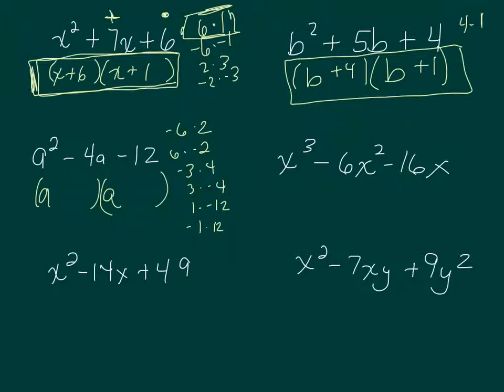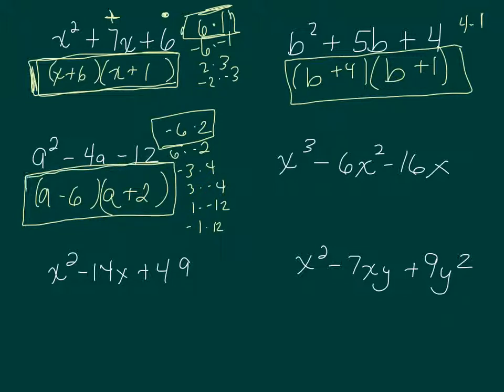I could go on. But I need to add a pair of these numbers together and get negative 4. So negative 6 plus 2, what's that? Negative 4, so that works out. So it's negative 6 and a positive 2. And that's it. So a minus 6 and a plus 2.